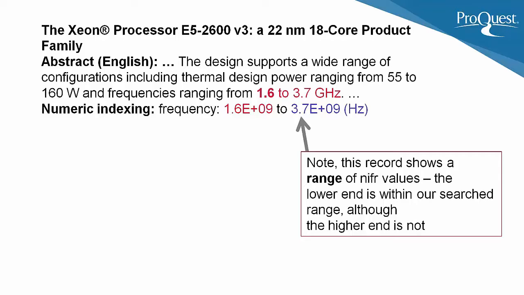So this range starts out at 1.6, which is in the area that we searched on, but it ranges on up to 3.7 gigahertz, which is faster and beyond the range that we searched on. Nevertheless, there's an overlap there with the range that we searched on, and therefore we retrieved this record. And I think that in general, that's what you want, that you would want to retrieve this record, and that's how it works.